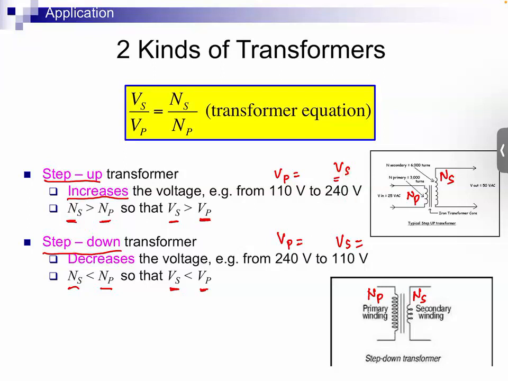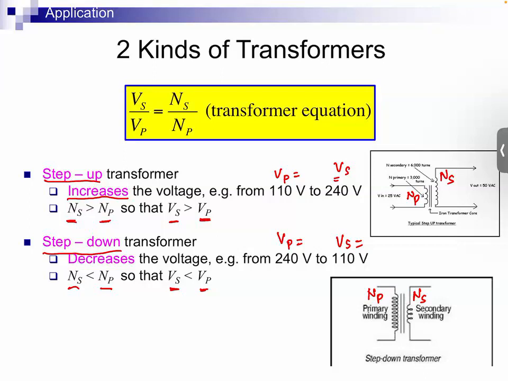Sorry, your appliance operates at 110 volts. So that means that you have to step down the mains voltage that you get from New Zealand outlets down to the voltage that the appliance accepts. So in that case, you need a step-down transformer.